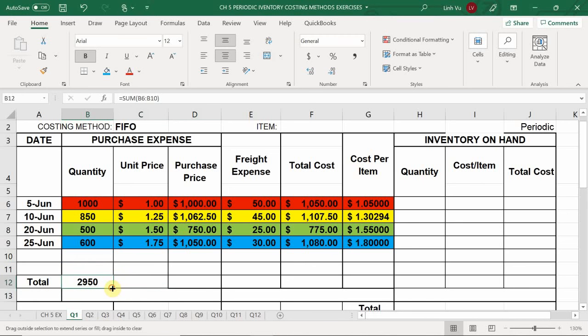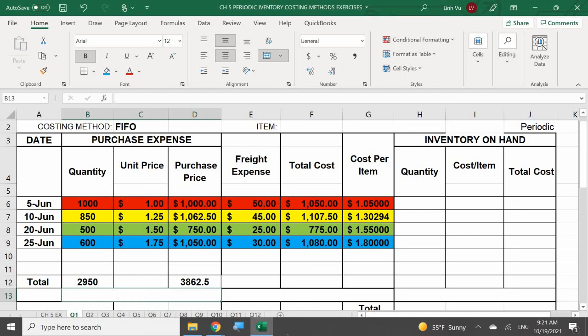What was my total purchase price? $9,862.50.